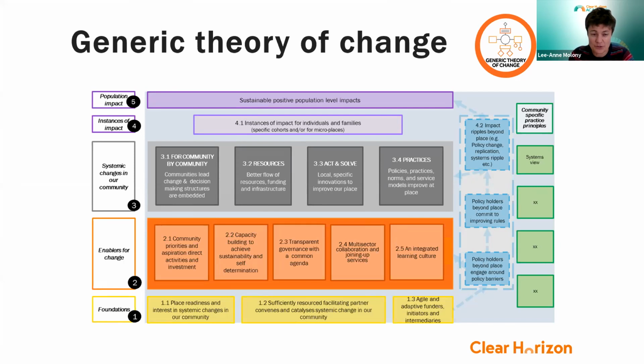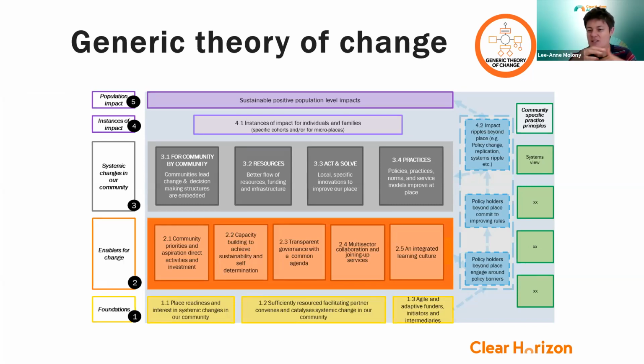It's called place-based approaches. And the hierarchy that they use on the left-hand side, instead of what we would normally use around broader goals and program outcomes and intermediate outcomes and activities, they think about them as enablers for change and systemic changes in the community, instances of impact in the community that they're working with, and then broader population level impact.